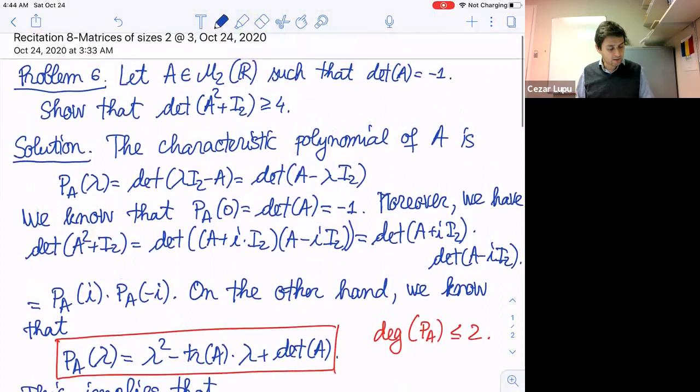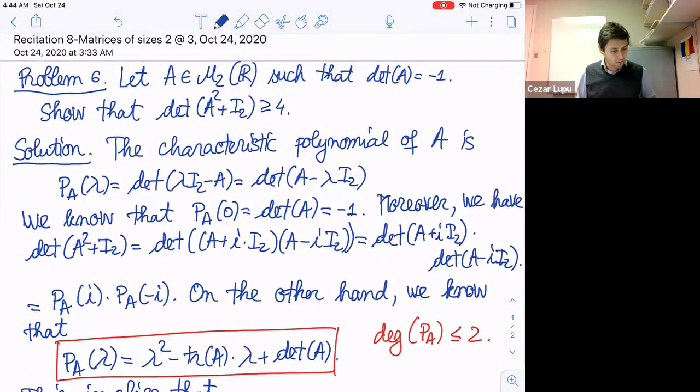So that was problem number 6 from the list. Now let's see what else do we have here. Let me do another one, which is similar with this one. Well, I wouldn't say that's similar.